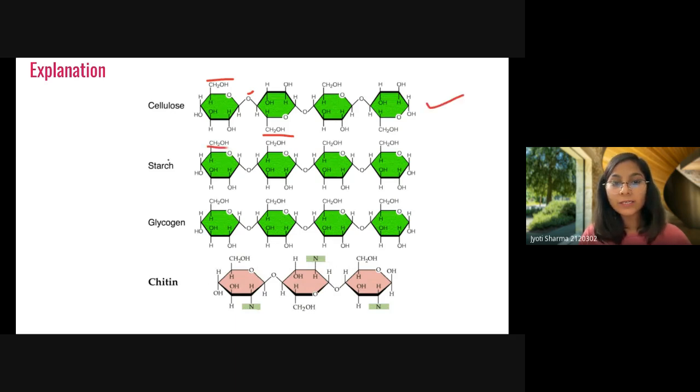Here if you see CH2OH, CH2OH, this is in a very uniform sequence, and that's how this will give you the starch. So likewise we have different structures, but just keep in mind the unit for all these, cellulose, starch, glycogen, chitin, is glucose only, right?